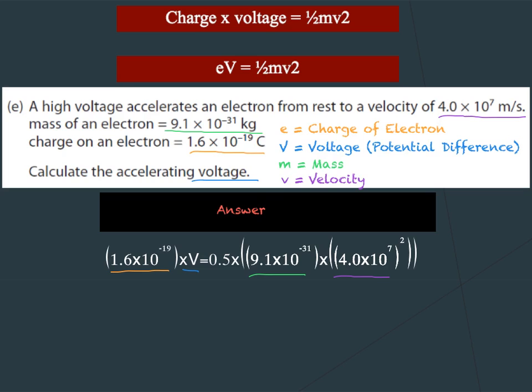It's important to note that it is only the velocity that we will be squaring. So if we do that first, we will get 1.6 times 10 to the 15.